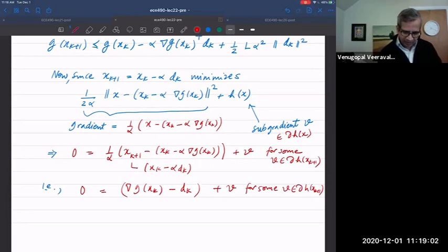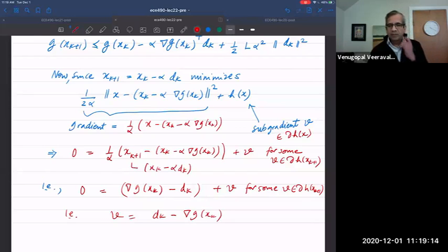Or you can write this as v equals dk minus gradient of g of xk, for some v in the subdifferential. All right, so that's what it means for xk plus 1 to minimize this quantity.